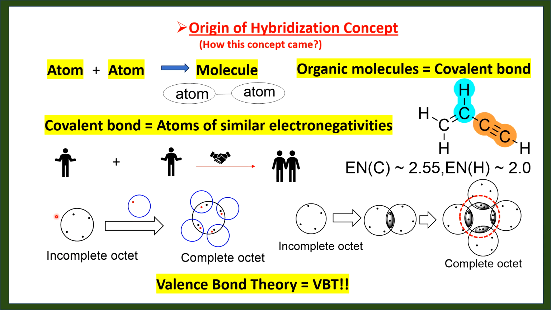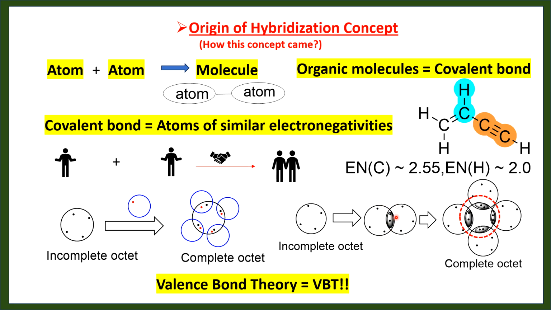Like here, if we consider this is carbon and hydrogen, when they form a bond and share their electrons mutually, they get stabilized, and at the same time they target to get close to the inert gas electronic configuration, like 8. So it is called the octet. In the same way, if a carbon-carbon bond is formed, here also they mutually share 2 electrons.